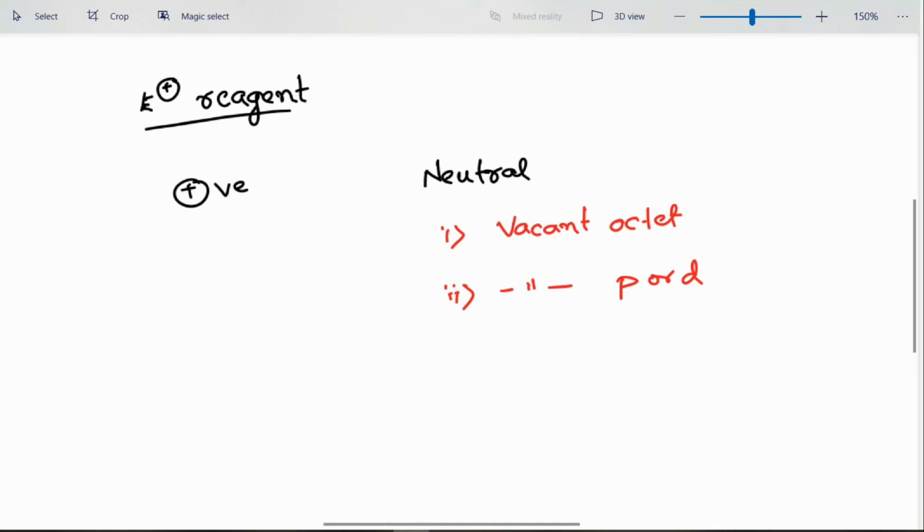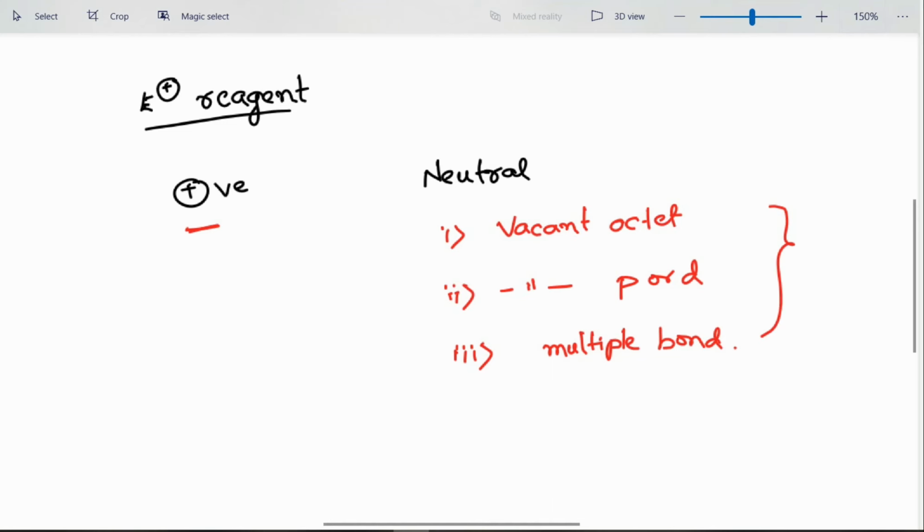And the third reason for this neutral electrophilic reagent to attack may be the presence of multiple bonds. If the neutral electrophilic reagent carries multiple bonds, then it might attract the substrate. For positively charged reagents we know how they react with substrates, but in the case of neutral reagents, these three points are the main reasons for the electrophilic reagent to attack the substrate.